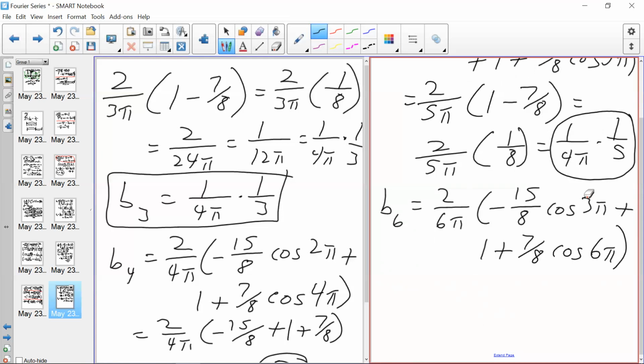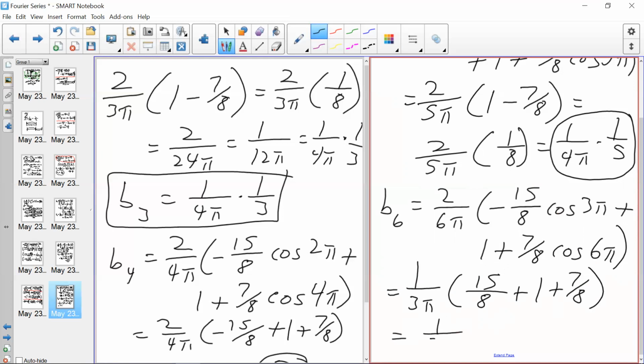I guess I'll be explicit anyway. 1 over 3 pi becomes 15 over 8 minus 1, minus 7/8. That equals 2 over 3 pi times 30 over 8. And you do all that, you get 30 over 8, that equals 15 over 4 pi.